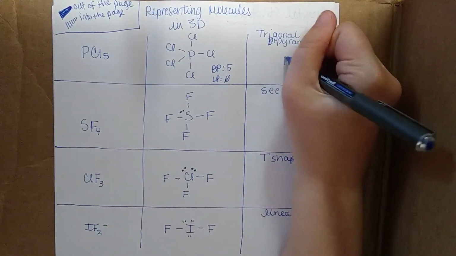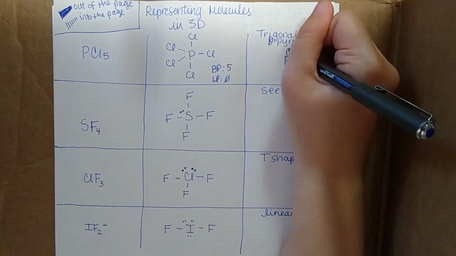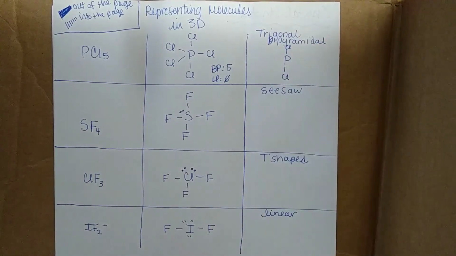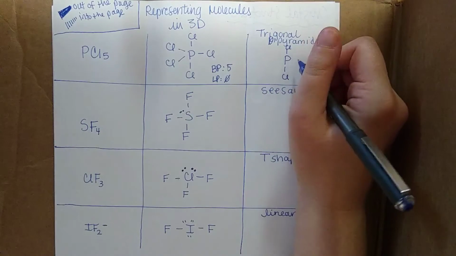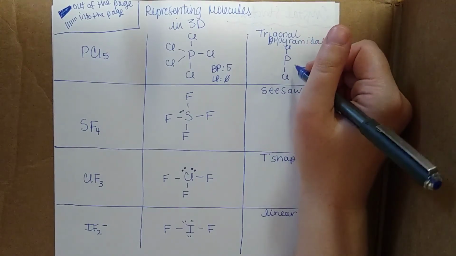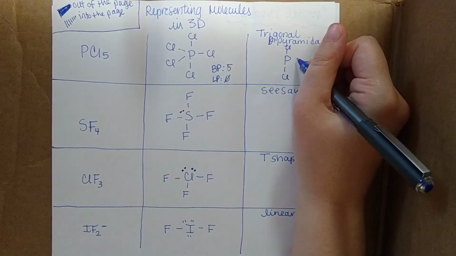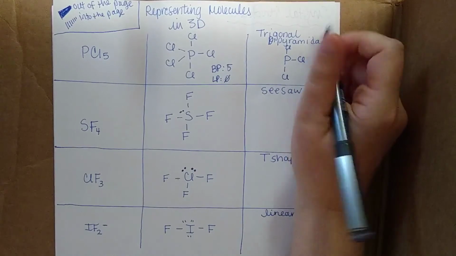So we know we're always going to draw our central atom first, and we're going to draw the 2 axial chlorines. So now we have to draw the other 3 chlorines, which we know if we were looking down on it would look kind of trigonal planar, like I said before, like the fidget spinner. So what we're going to do is draw one of the chlorines in the page.